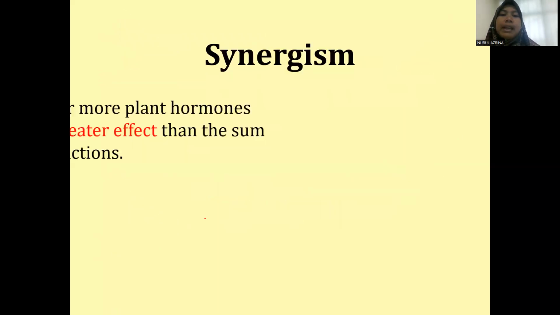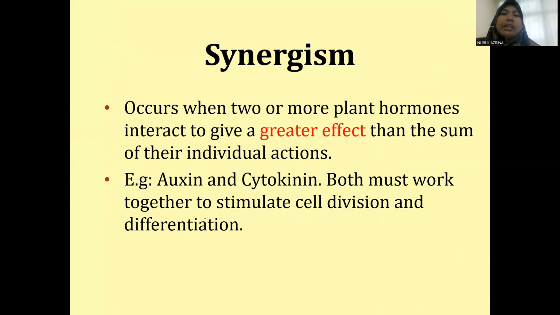So what is synergism? Synergism is a situation when two or more plant hormones interact to give a greater effect than the sum of the individual actions. Meaning to say, when two or more hormones work together, the effect is much better compared to an individual hormone. Example, auxin and cytokinin.